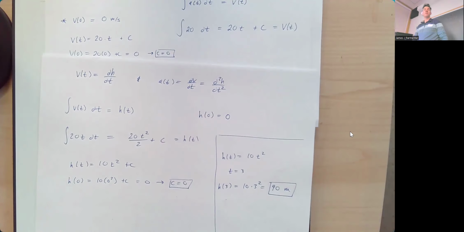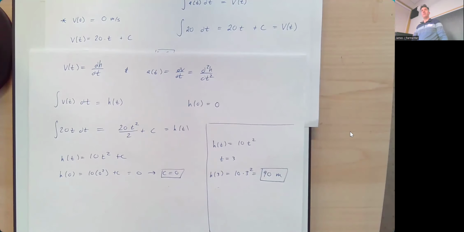How strict are they going to be on units? No idea. So the nice thing about units is, if you think about what you're trying to describe, my height could be measured in meters or feet or miles or whatever length it is. My velocity is always going to be in units of distance divided by units of time, whether that's meters per second or feet per second or miles per hour or light years per whatever.